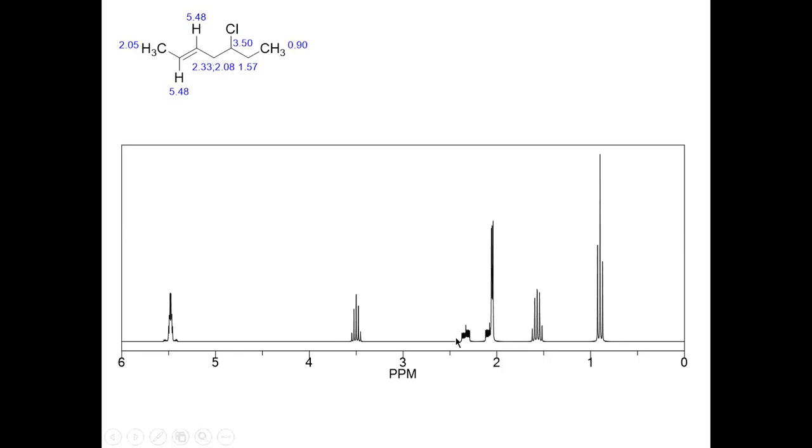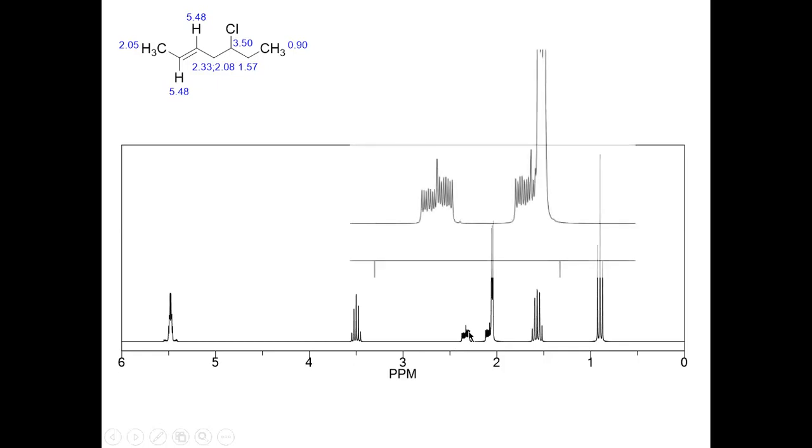And this signal right here, I wish I could zoom in on that. Okay, I got it. So you can see these are really complex, a really complex splitting pattern. Because of that complexity, and because the chlorine here could be a chiral center, you see this weird splitting.